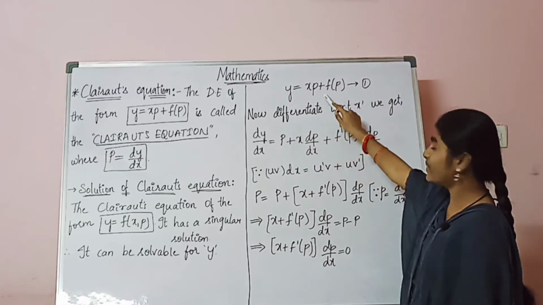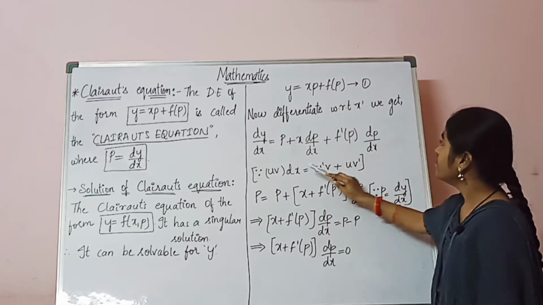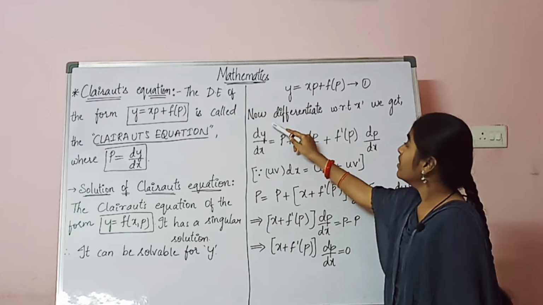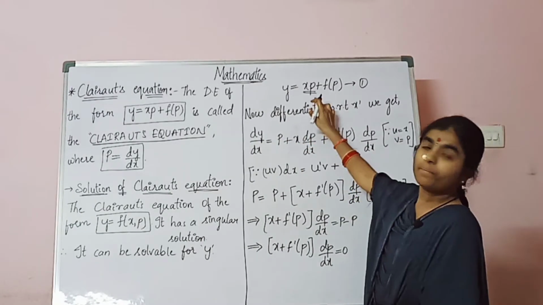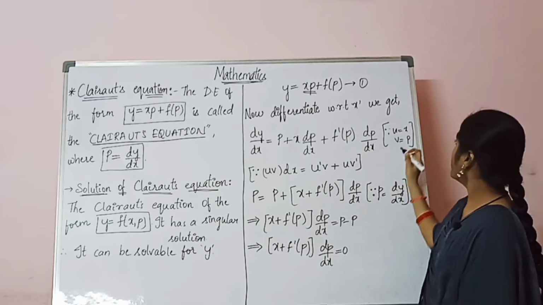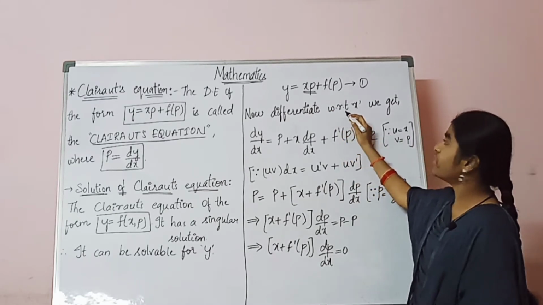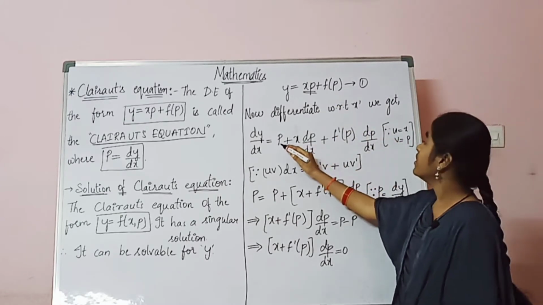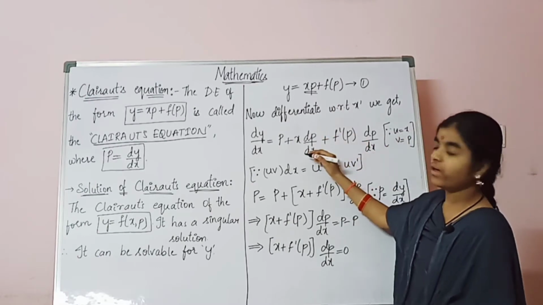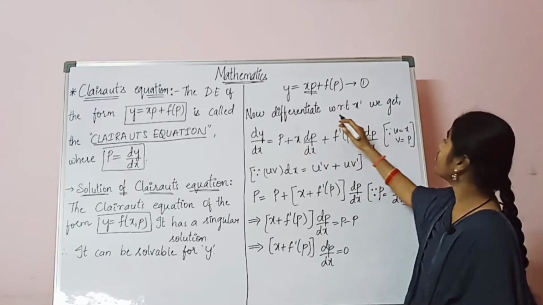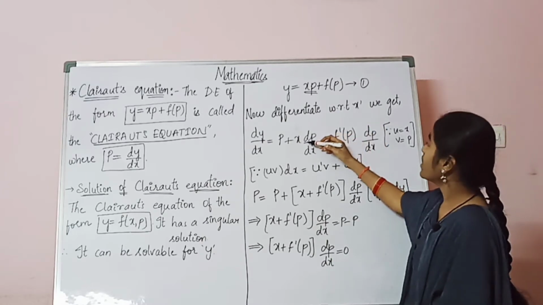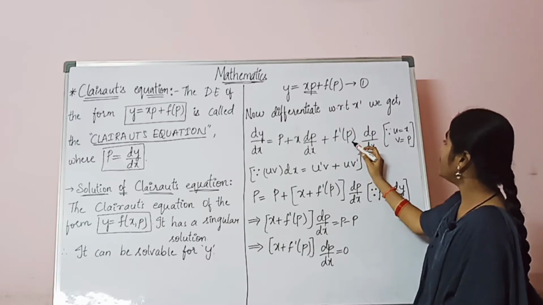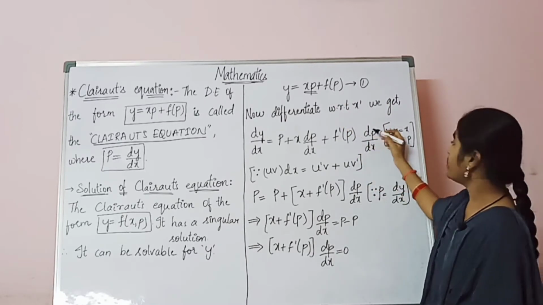Now differentiate equation 1 with respect to x. Then dy by dx equals, applying the uv form, u equals x, so the differentiation of x is 1, and v equals p, so 1 into p, that is p, plus x into dp by dx plus f dash of p into dp by dx.